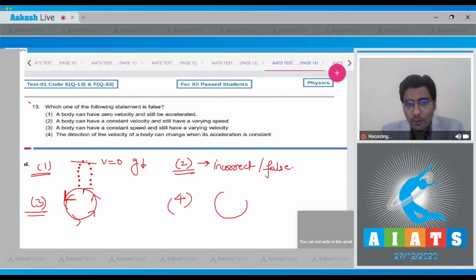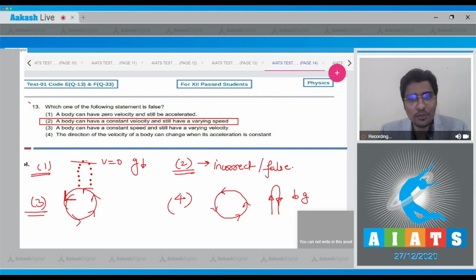In uniform circular motion, the acceleration has constant magnitude but the velocity changes. Or a much better example is when we throw a ball upwards, there is a constant acceleration downwards g, and the body changes the direction of velocity and moves downwards. So after a brief discussion on the options, the false statement, or the correct answer for this question, is option number 2.